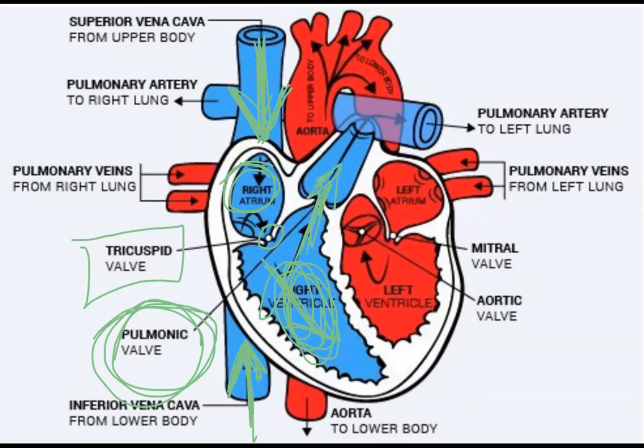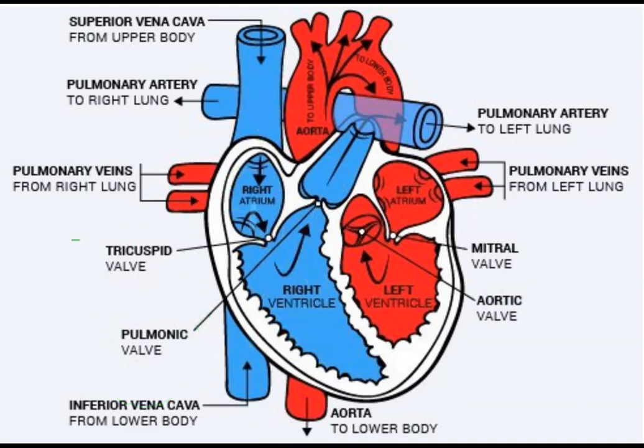However, here is where it gets a little interesting, okay? Because this blood that is going through the right side of the heart is going to the lung. This blood is not oxygenated. In fact, it's going to the lungs to get oxygenated.